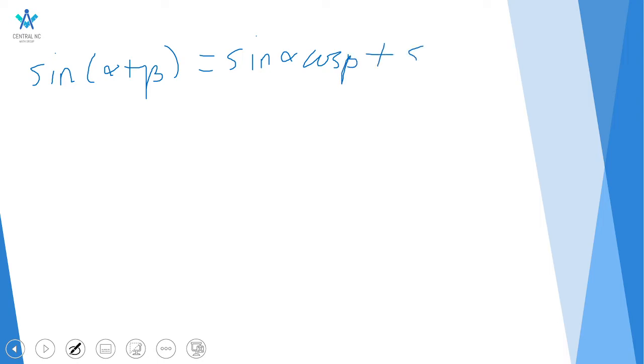Just for clarity, I'm going to go over exactly how that happened. So I'll rewrite the sine addition formula. Sine alpha plus beta is equal to sine alpha cosine beta plus sine beta cosine alpha.